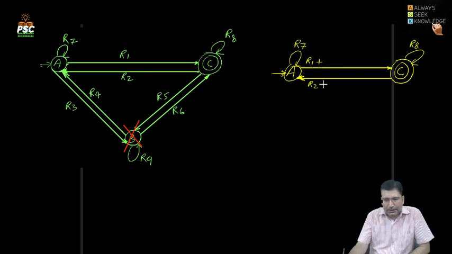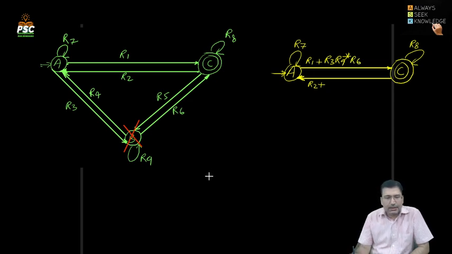But along with this, there'll be something else. Indirectly there's another path from A to C. You can traverse through R3, then R9, and then R6. So along with R1, there is another path from A to C, that is R3 followed by R9 closure or star, followed by R6.